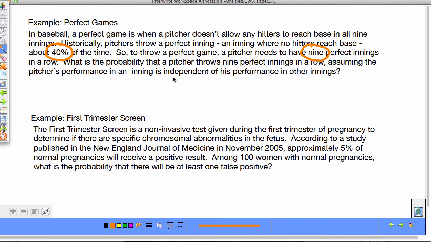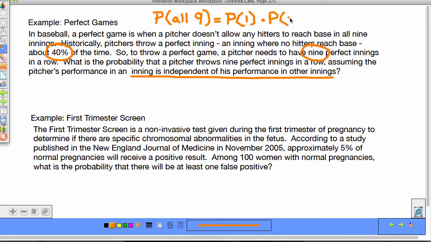Well, if one inning has no effect on the performance of the next one, if they're independent, that means the probability that they do all 9 innings is just the probability that he does it in the first one, times the probability that he does it in the second one, times the probability that he does it in the third one, etc., all the way to the ninth one.